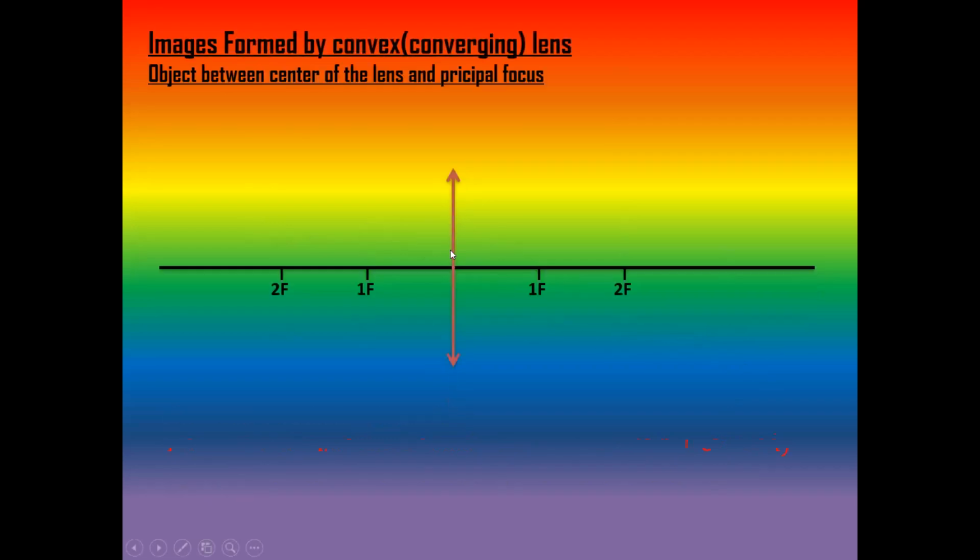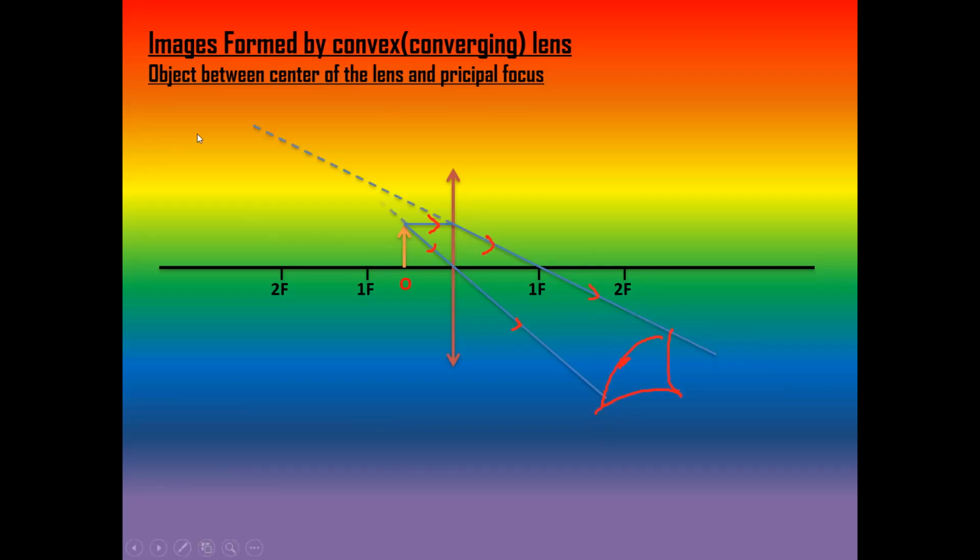But what about a virtual image? If an object is placed between the focus and the lens, first the parallel light ray will pass through the focus, and the one through the center of the lens will pass straight. So these two light rays will never intersect. As they never intersect, when we look from here, our brain senses that the light is coming straight from the object.